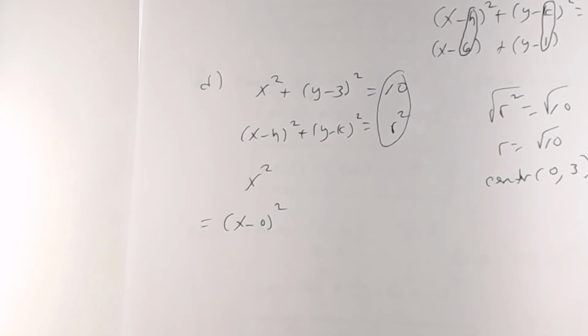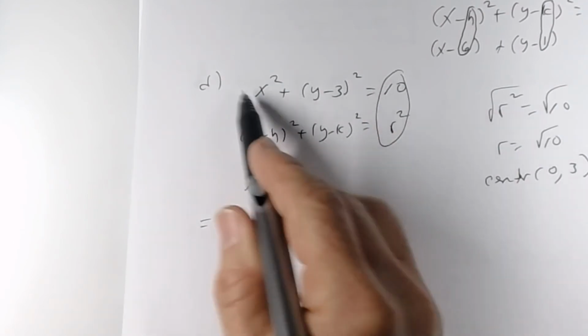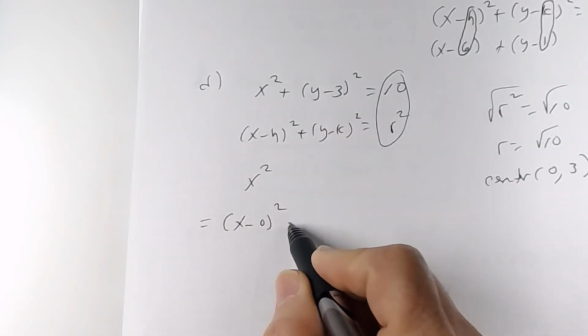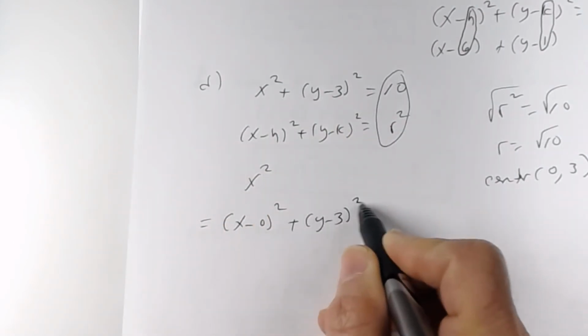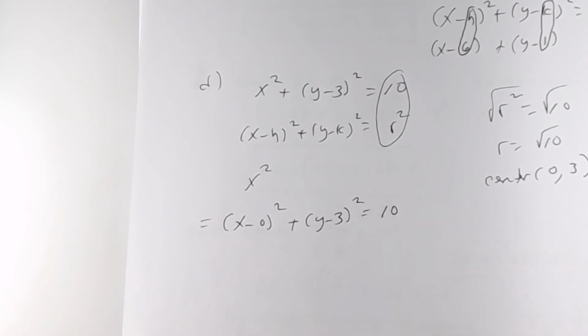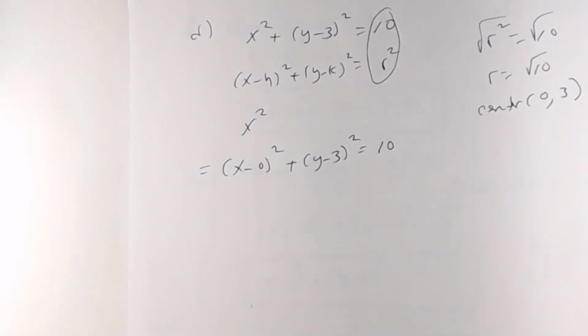I know that 4 means the same thing as 4 plus 0. I know that 5 means the same thing as 5 plus 0, or 5 minus 0. So x also means the same thing as either x plus 0 or x minus 0. Which one do I want to use? x minus, because of the form x minus h. So I can write this whole thing as x minus 0 squared plus y minus 3 squared equals 10.